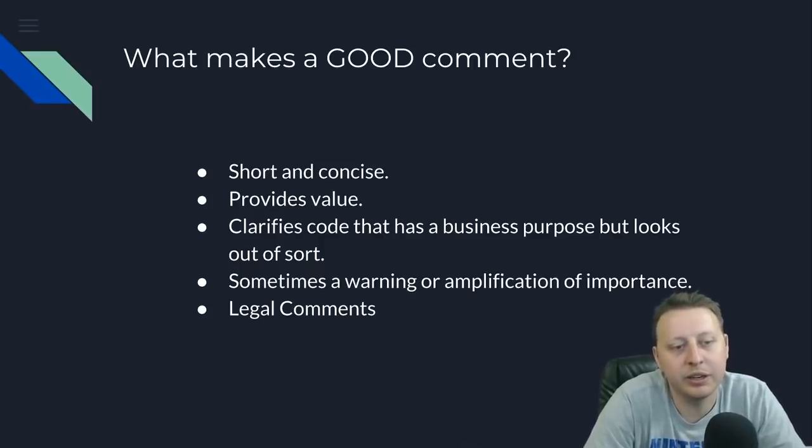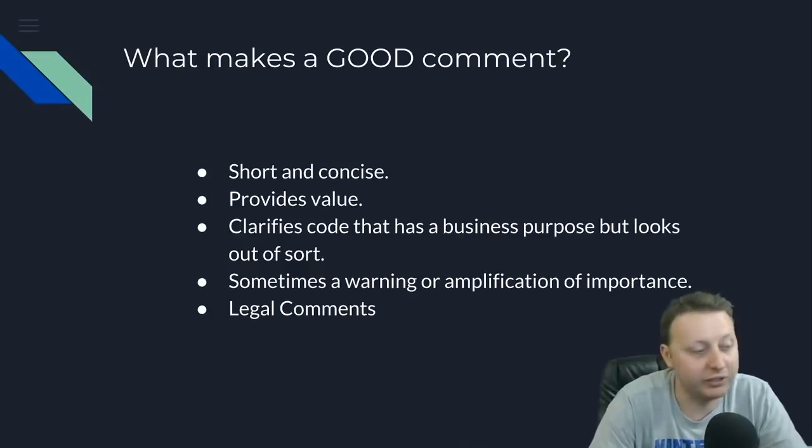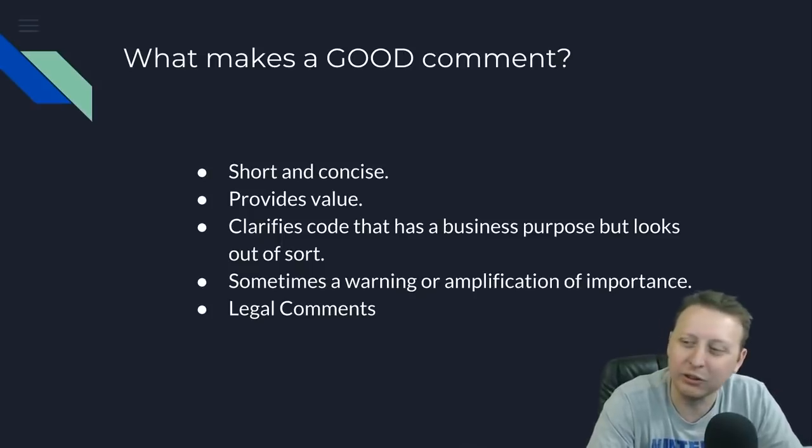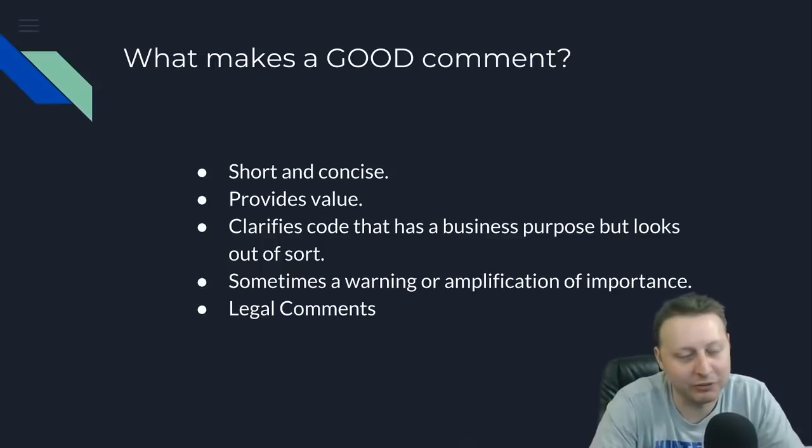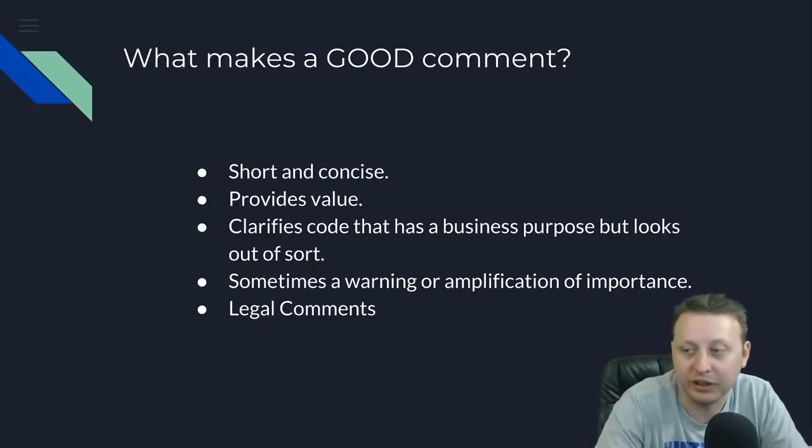What I mean by that is there may be some domain knowledge in the system that newer developers may not be familiar with, and here we say a warning or an amplification of its importance to say, hey, I know this looks strange, and there's not a cleaner way of doing this, but we have to do this to protect ourselves, or we have to do this to provide the functionality that's needed, and here is why. So when there's something that's strange like that, like, oh, I don't think we have to do this, but we actually do, that's where we want to have a comment for that business purpose, as well as to provide a warning or the amplification of its importance.